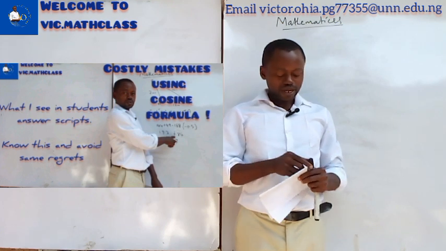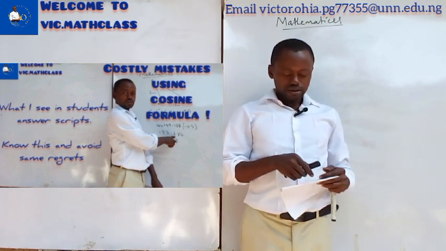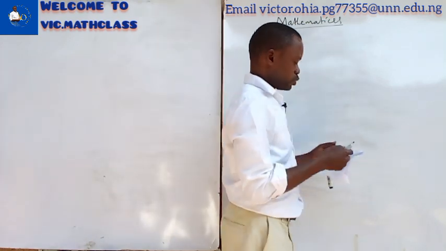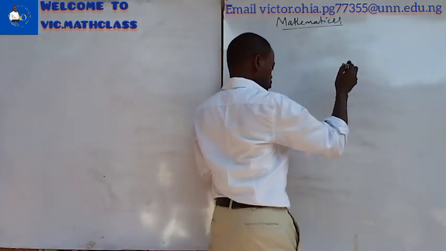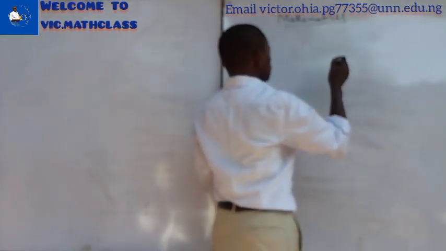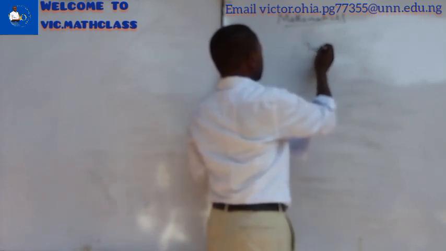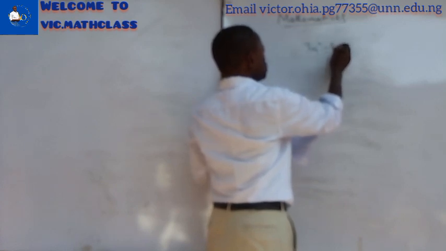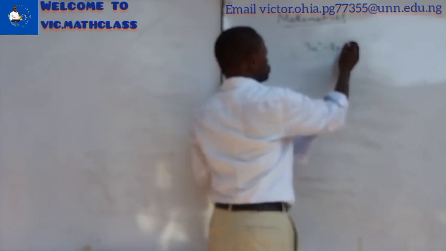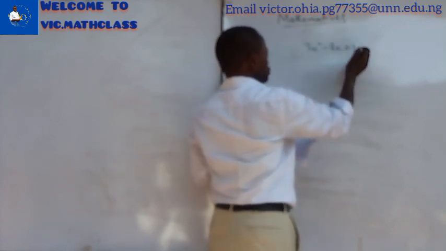Let's look at this example I have here. This problem says 3x squared minus 8x plus 2 equals 0.